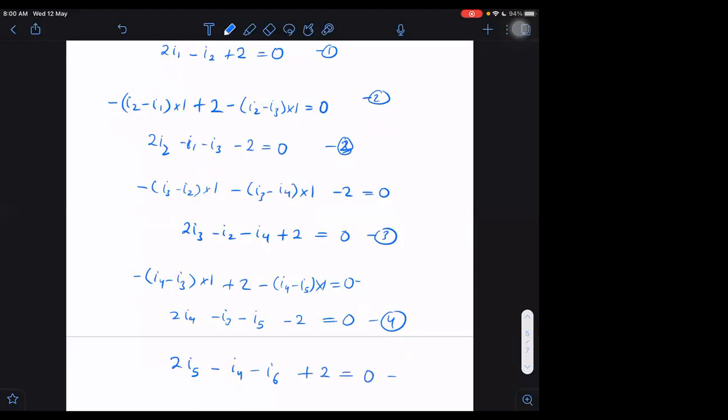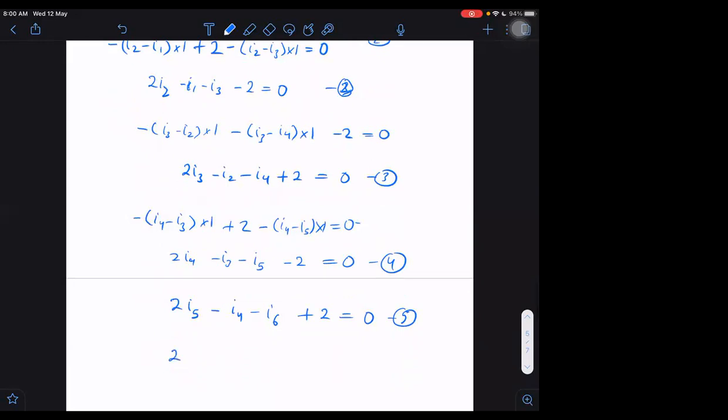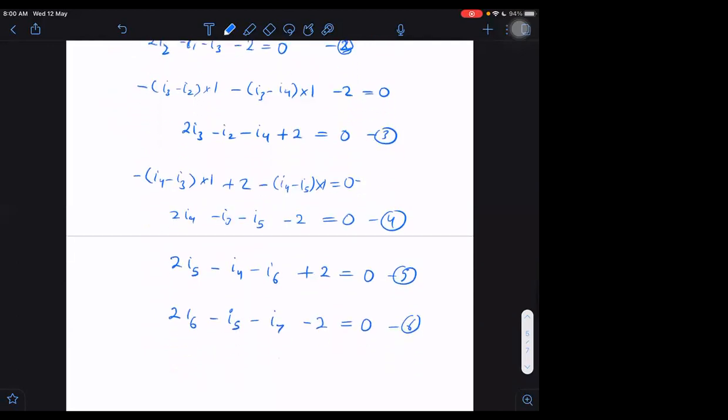We are getting alternately plus and minus 2, and other equations we are getting like this. Now we will be getting 2 into I6 minus I5 minus I7 minus 2 equal to 0. Equation number 6.